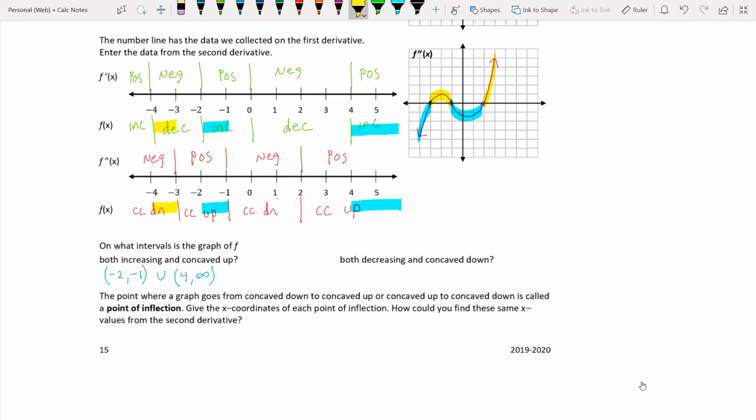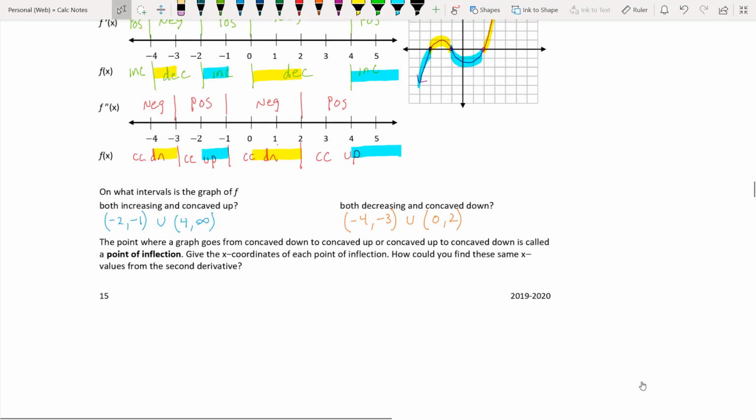And concave down from 0 to 2, and decreasing from 0 to 2, both of those, and I think that's it for concave down. So we've got the interval from negative 4 to negative 3, where we're decreasing and concave down, and 0 to 2, decreasing and concave down.